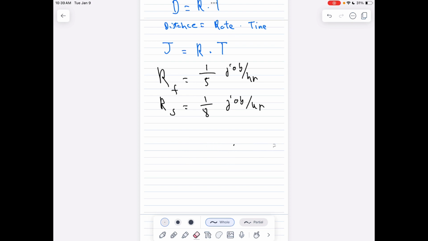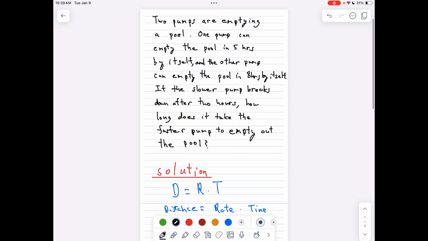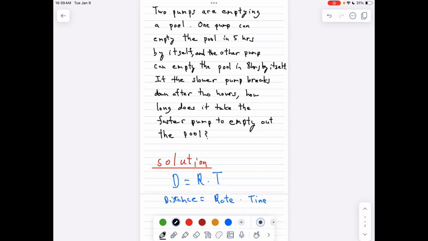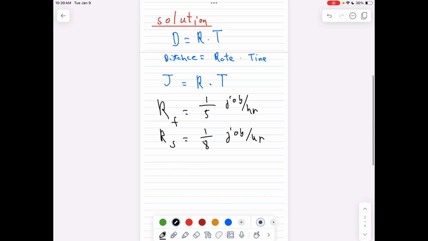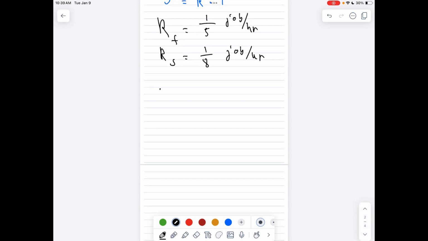So the question was how long it takes the faster pump to do the job by itself after the slower pump breaks down after 2 hours. Well, the two pumps were working together for 2 hours, and we want to know how much of the job they've done in that time.